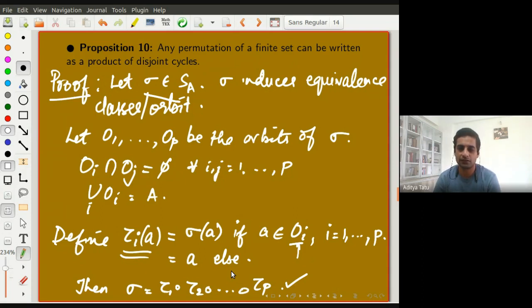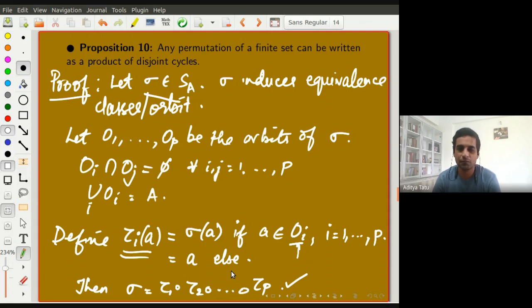Try to clarify these two things. One, each of these tau I is a cycle. That's the first thing. And the second, I believe, is relatively easier to see: that sigma is a composition of tau 1 to tau p, and tau 1 to tau p are disjoint cycles. They are disjoint simply because they are defined on a partition of A. So I hope that should be easy to understand.